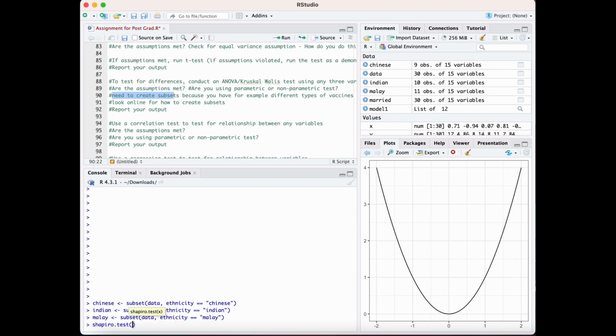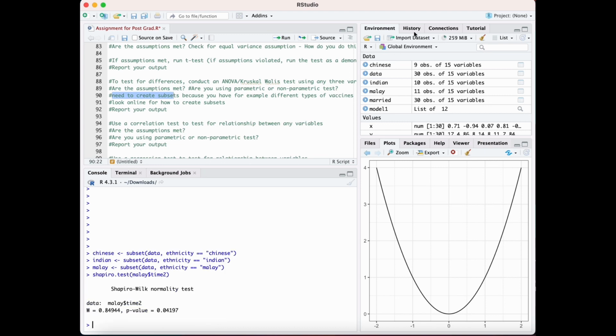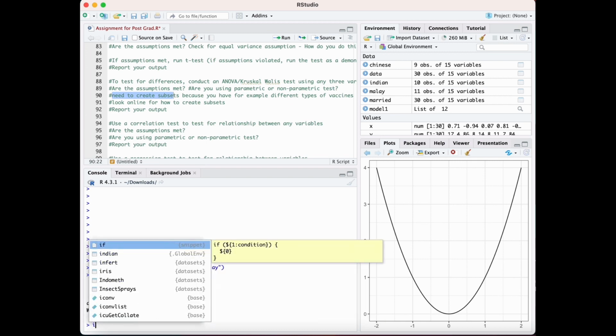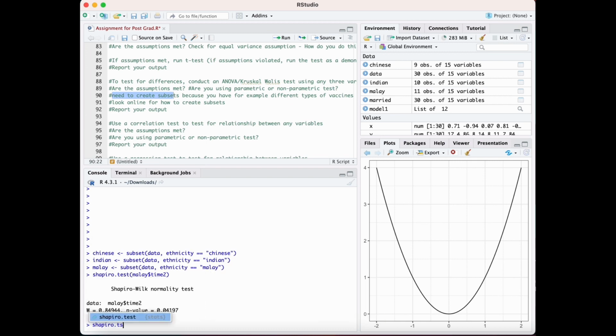Shapiro.test, Malay time 2. So the p-value for Malay against time 2 is statistically significant, meaning that it is not normally distributed. Let me try for the rest. Sorry, Shapiro.test.